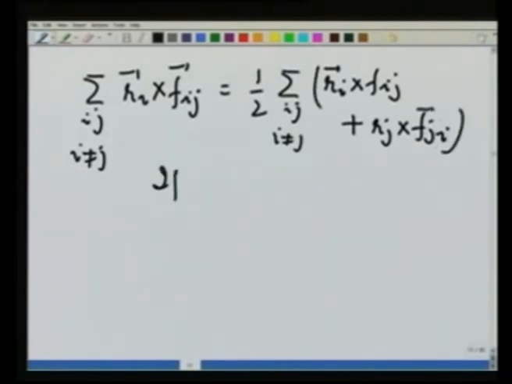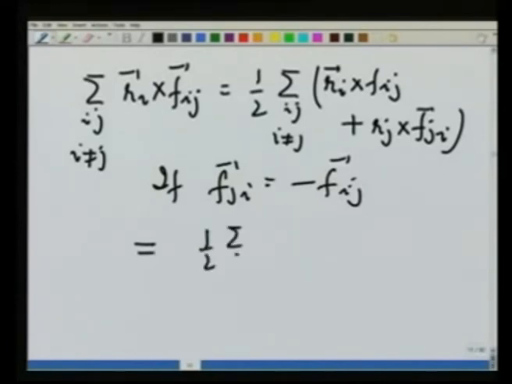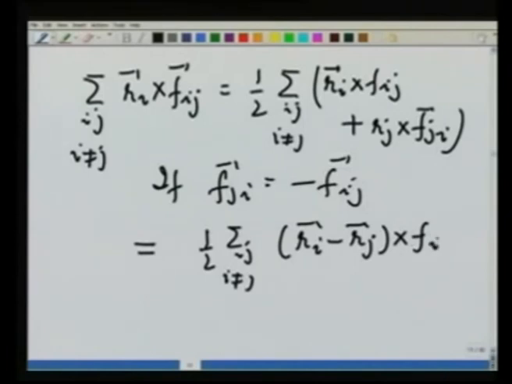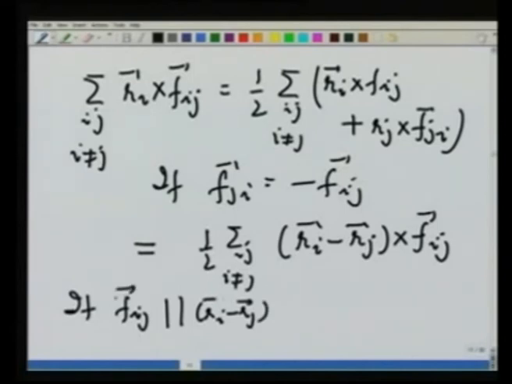And if F_ji is equal to minus F_ij, this term becomes equal to 1/2 summation over i, j, i not equal to j, of (r_i minus r_j) cross F_ij, and if F_ij is parallel to r_i minus r_j, parallel or anti-parallel, then this term is 0.